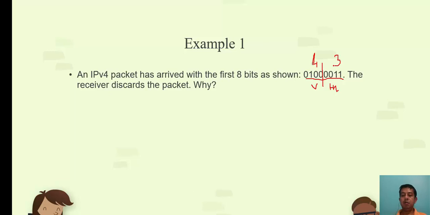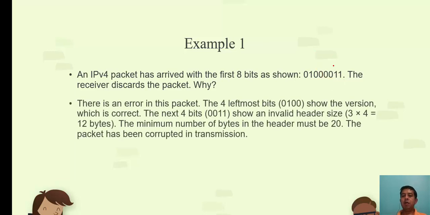Now by looking at this value, can you say why this packet is discarded? Is there something wrong in this packet? Obviously. The next 4 bits show an invalid header size. Now this is 3. Remember, this has to be multiplied by 4 because it is a scaling factor of 4. It gives 3 multiplied by 4, 12 bytes.